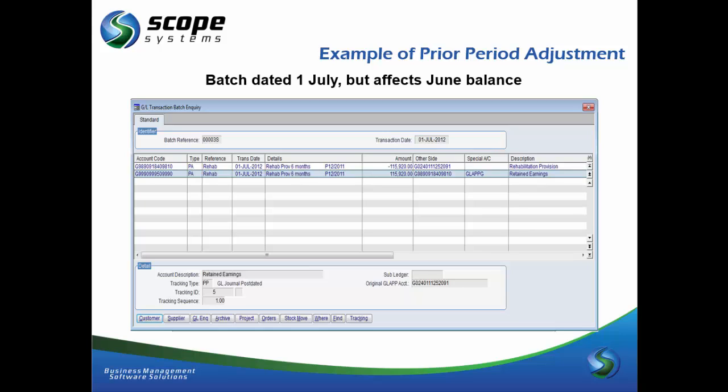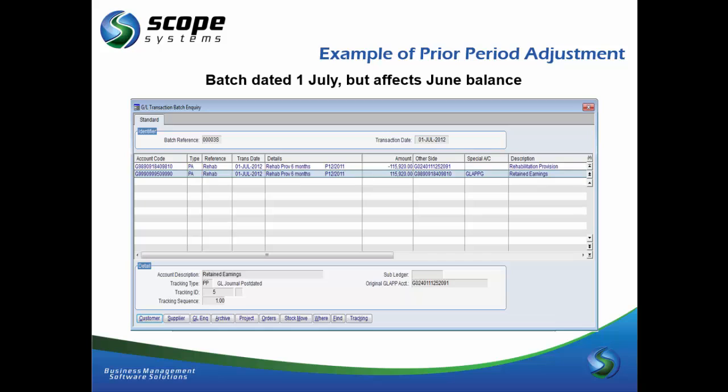An example of prior period adjustments. So typically a prior period adjustment would be on the first of the following month, but actually affects the prior period balance. In this example, we have an expense account being affected. So ignore the date.